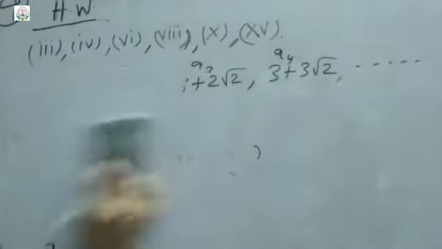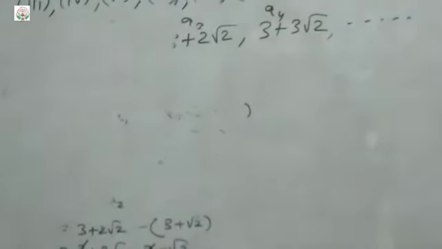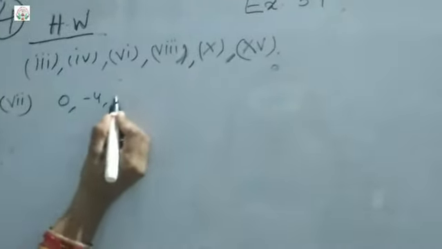Okay. Now let us see the 7th question. Seventh question is 0, minus 4, minus 8, minus 12 and then dot.